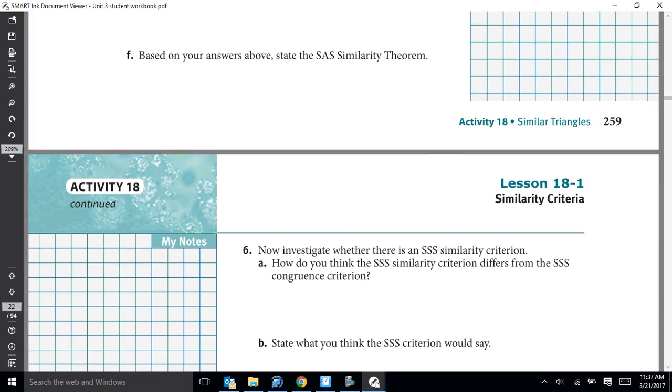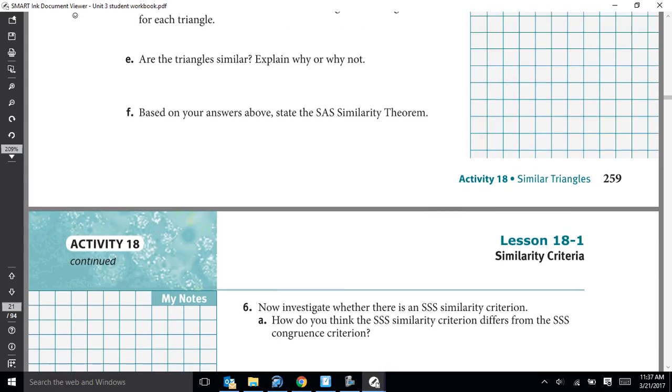So let's write the side angle side theorem one more time.